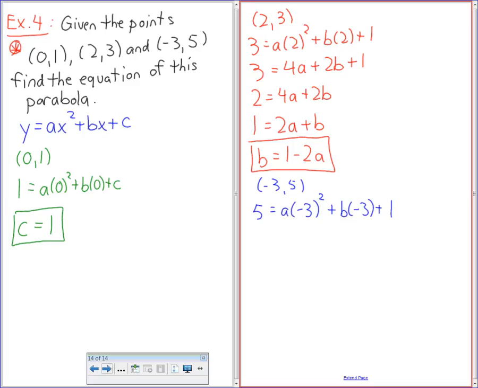Good enough? 5 equals 9A plus -3B. Okay. Now, if you look at what we have right now, I might neaten this up. I'll say 4 equals 9A minus 3B, and I'm just going to leave it like that.